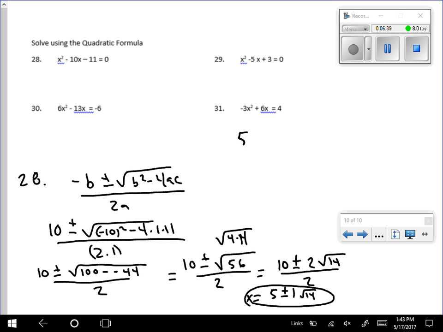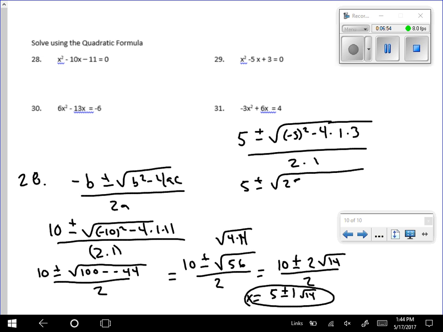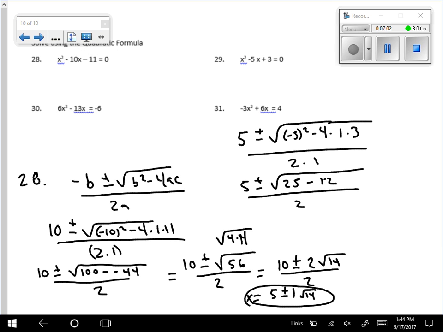So we got 5 plus or minus root of negative 5 squared minus 4 times 1 times 3, all over 2 times 1. So we got 5 plus or minus the square root of 25 minus 12, over 2. Okay. So we got 5 plus or minus square root of, what would we have, 13 over 2.